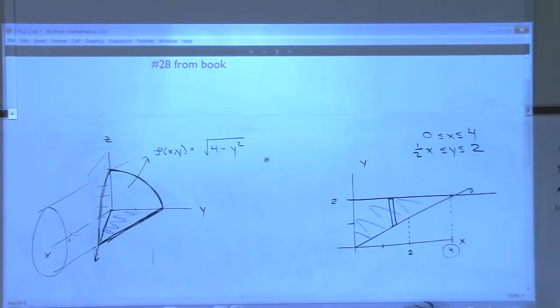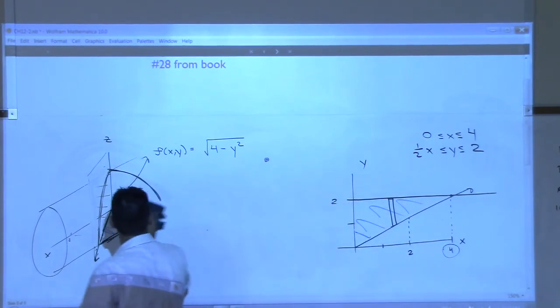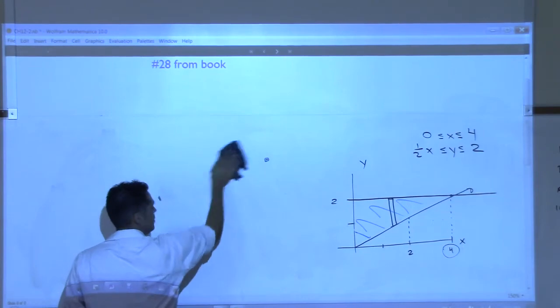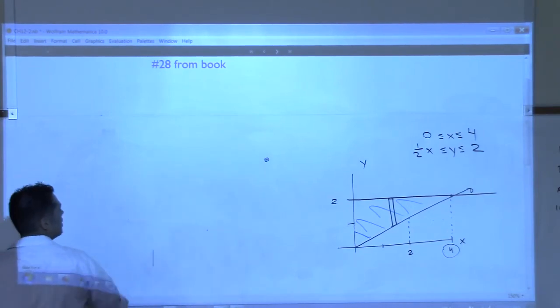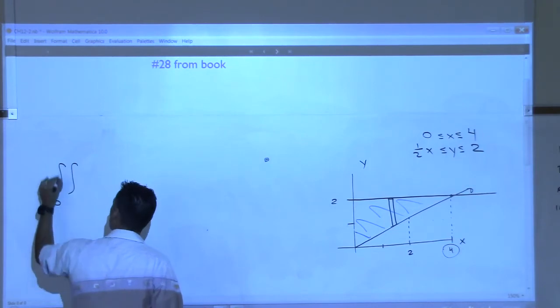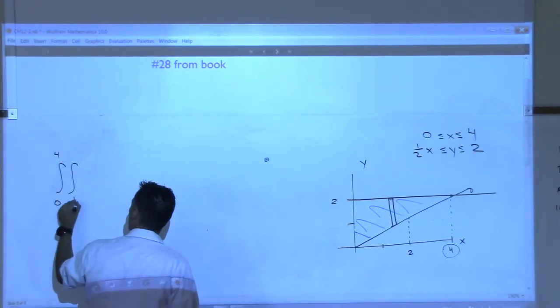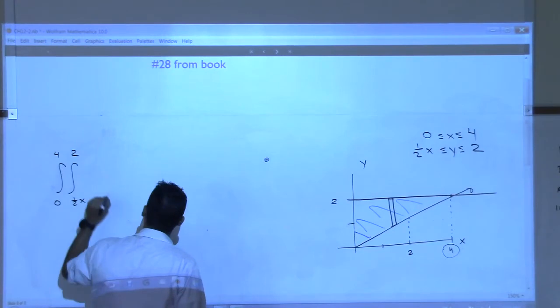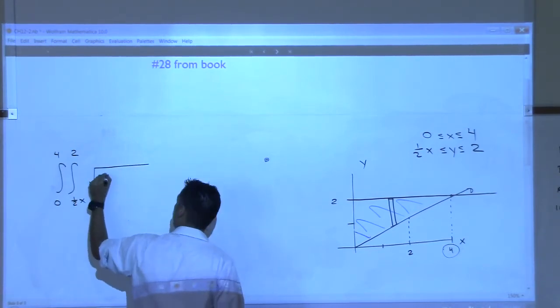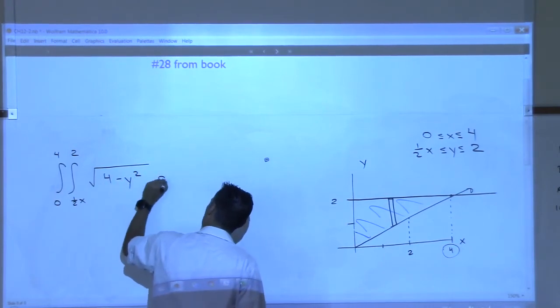We can set up the double integral now. All right, so the double integral will be going from 0 to 4, going from 1/2 x to 2, and we're integrating that square root of 4 minus y squared dy dx.